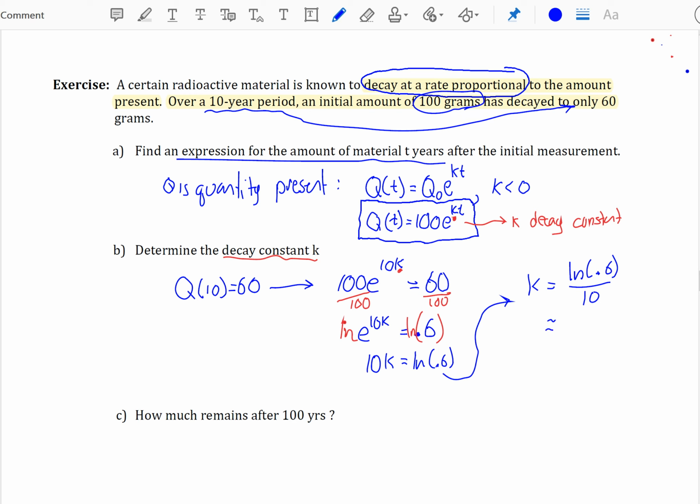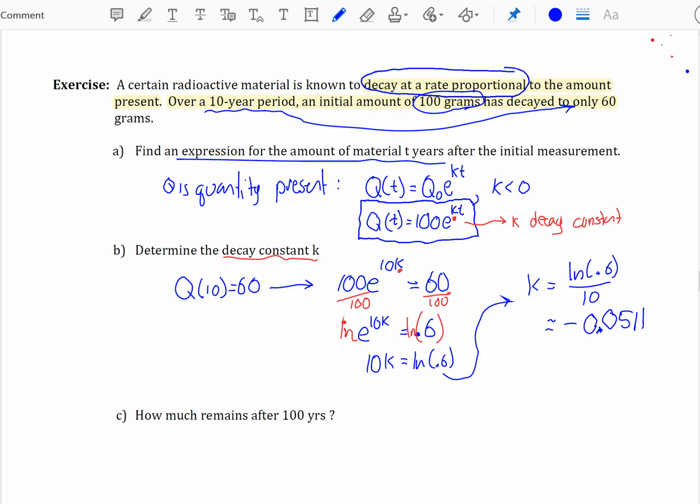And I'm going to write my answer to 4 decimal places. Now notice when you do the natural log of 0.6 divided by 10, this is going to be negative, like we were expecting. It's going to be negative 0.0511. And so we get k is negative, like we were expecting it would be.